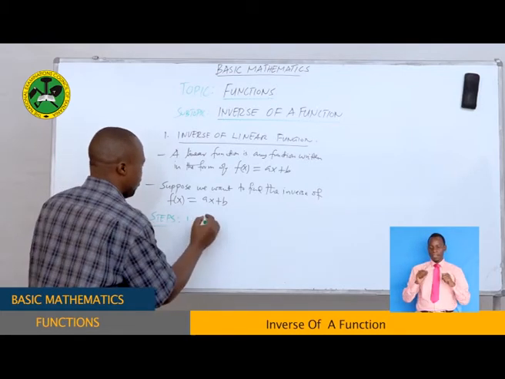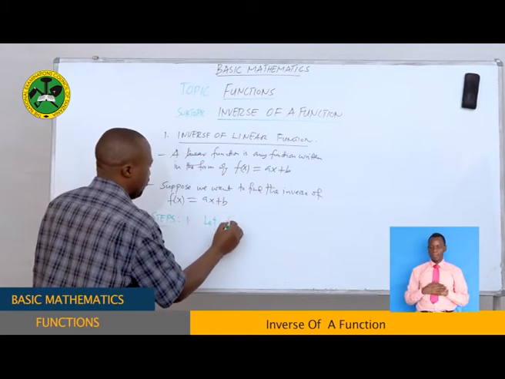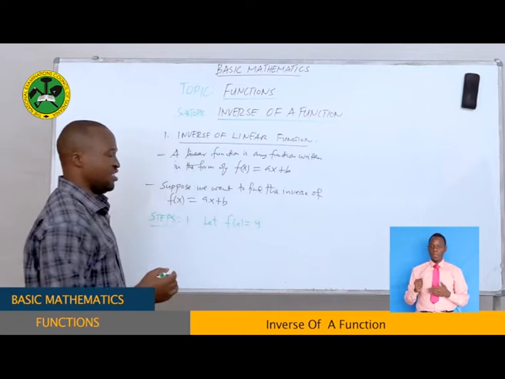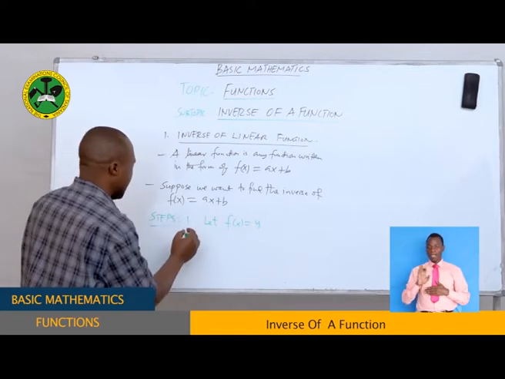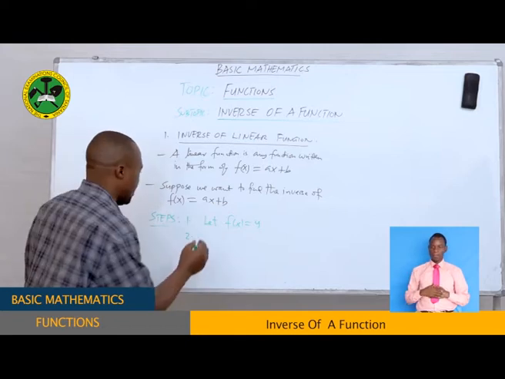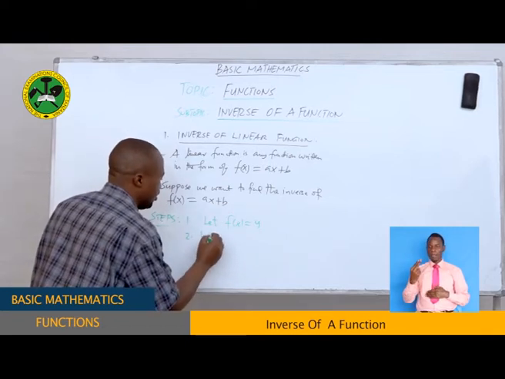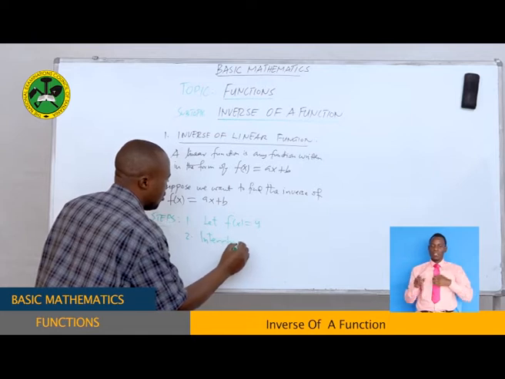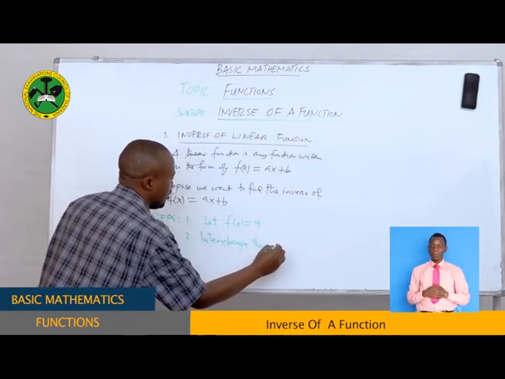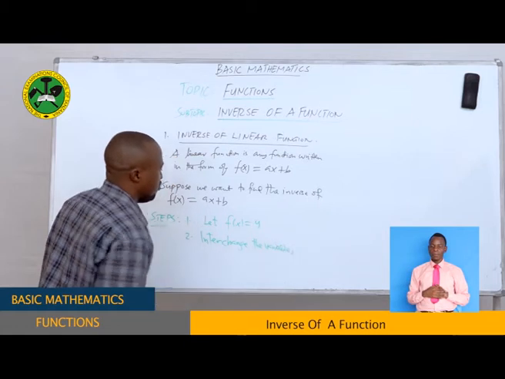Number one, of course, here we let f of x is equal to variable y. But in the second step, we say interchange the variables.